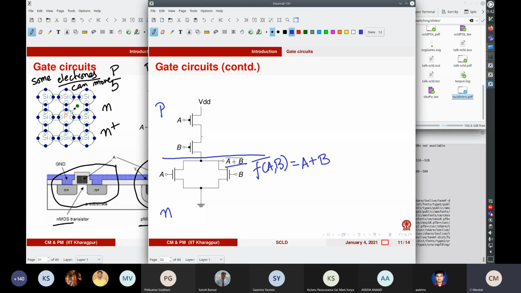And if both A and B are low, then you do not have any conducting path from this output to ground, but you do have a conducting path from VDD to the output. So as you can see, it correctly realizes the NOR function.